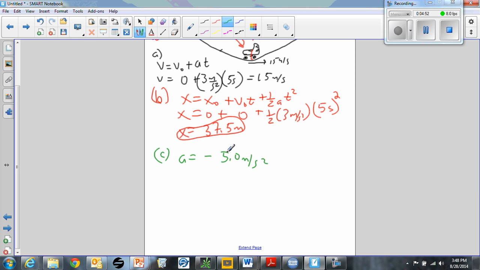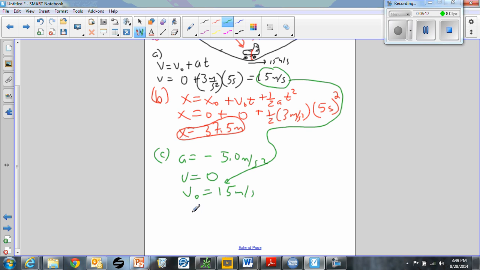How far will the car travel before it comes to a stop? Comes to a stop means the final velocity is 0. Initial velocity is now the velocity right here. This was the final velocity in part 1, but in part 2, that becomes the initial velocity, 15 meters per second, because that's what it starts with up the hill.